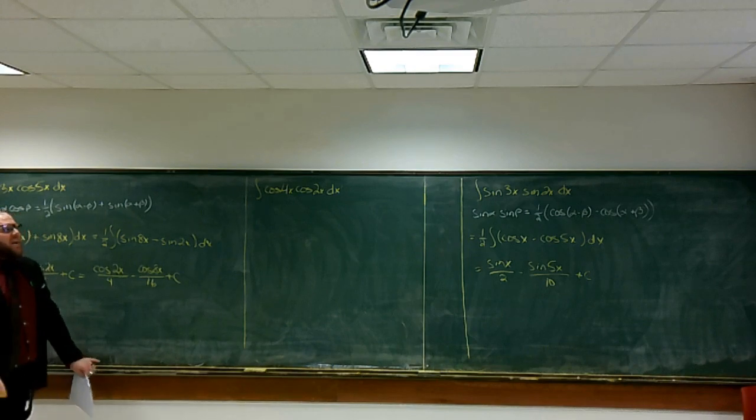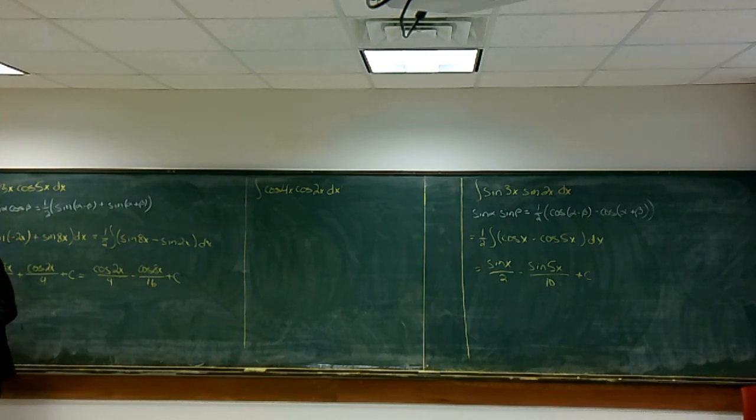Cosine 4x, cosine of 2x. Again, it's another product to sum.